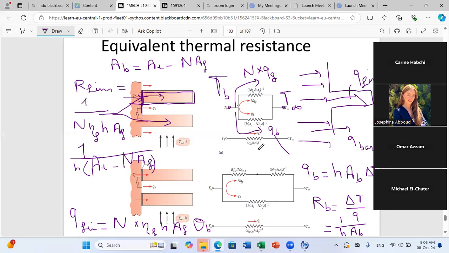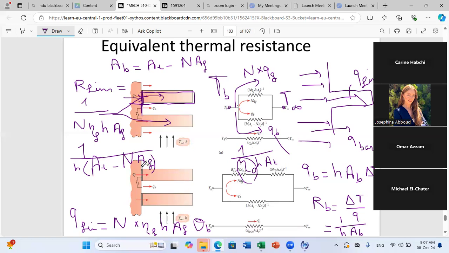Your equivalent resistance corresponds to 1 over the overall efficiency of your system, N0, times h times the total area of exchange. So from this you can deduce the expressions that we already found for N0.